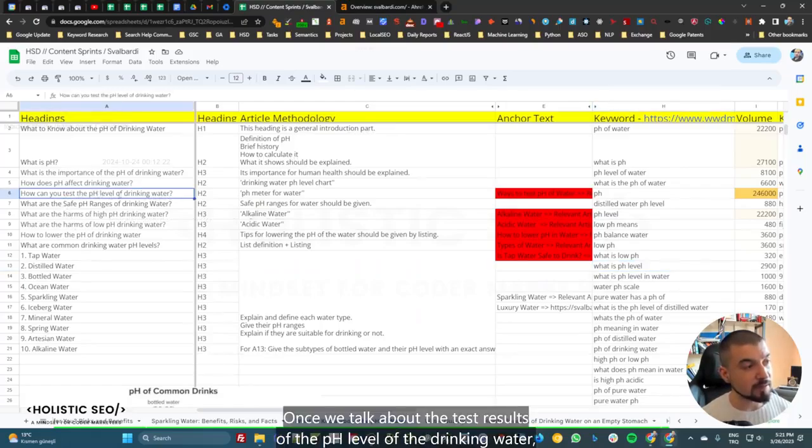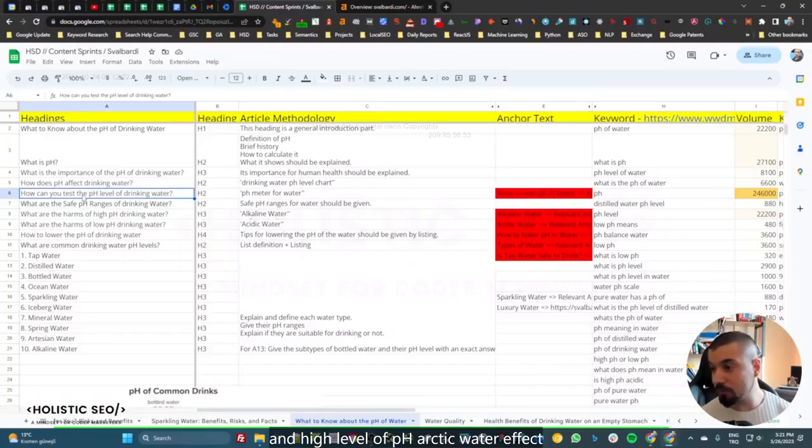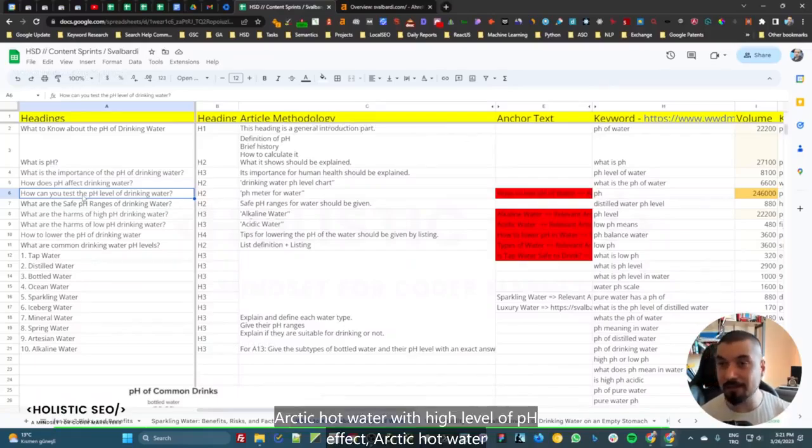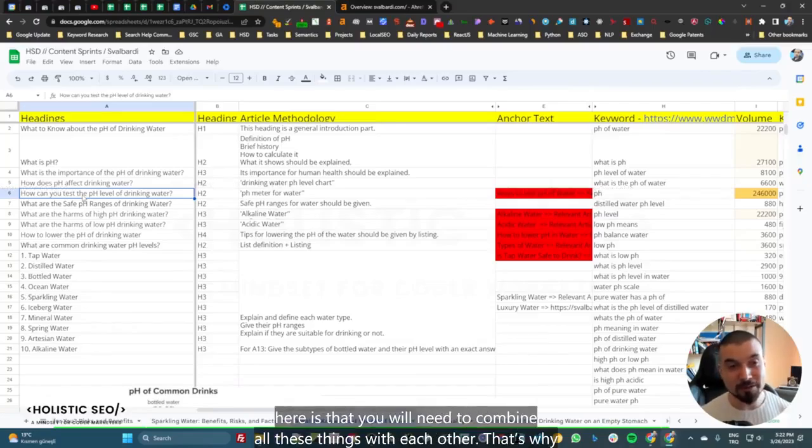Once we talk about the test results of the pH level of the drinking water, we will be able to cover what the effects of every level of pH are. What is the effect of low pH drinking water, and what is the effect of high pH water, and high pH Arctic water effect, Arctic hot water with high pH effect, high pH drinking water before the bath, etc. Sorry for the confusion there, but my point here is that you will need to combine all these things with each other.